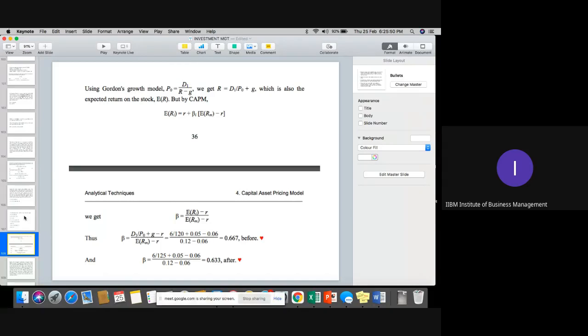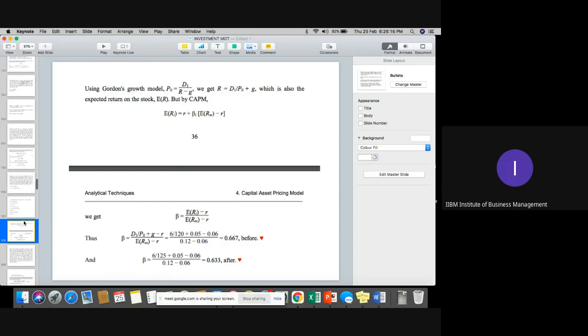This is the calculation you have: 0.667, and when the price changes, the beta is 0.633. So this topic is all formula based. You need to apply the formula and you will definitely get the values.